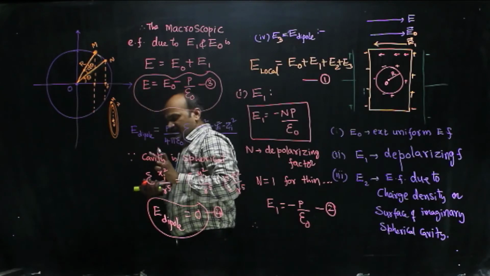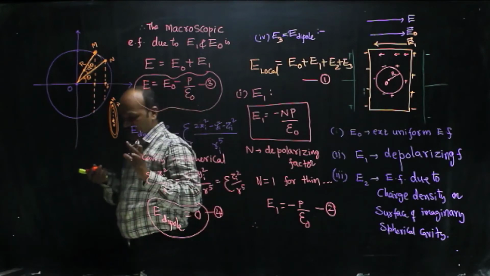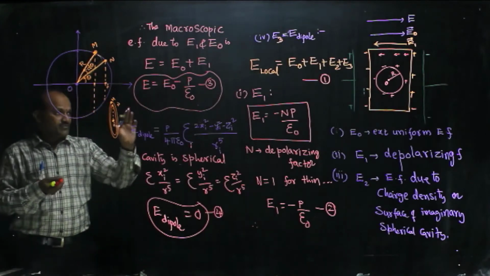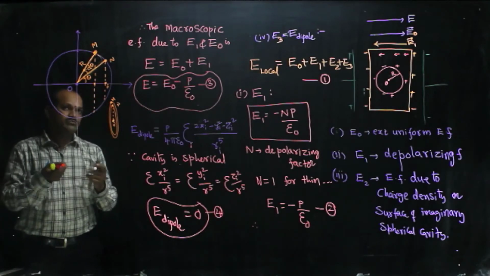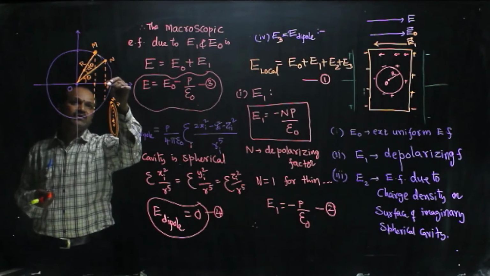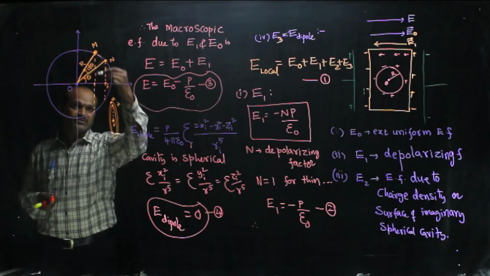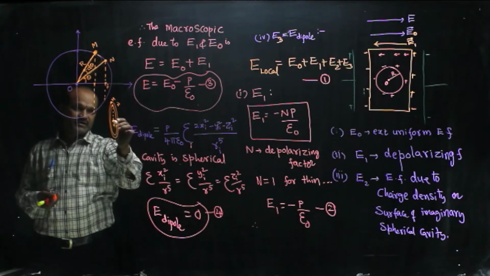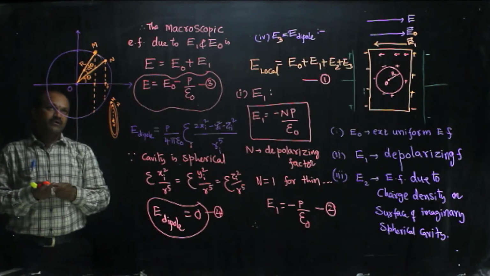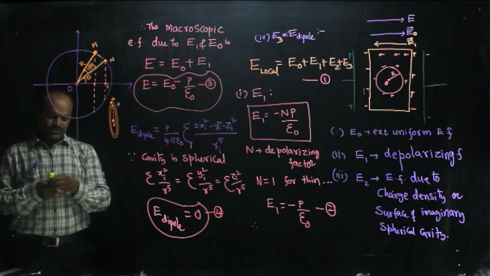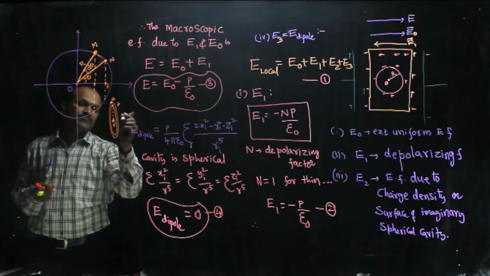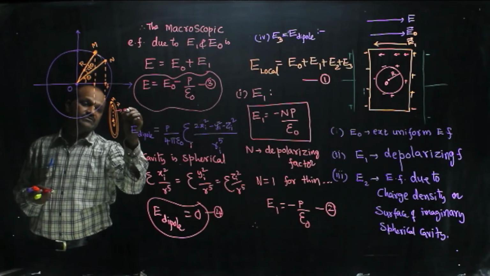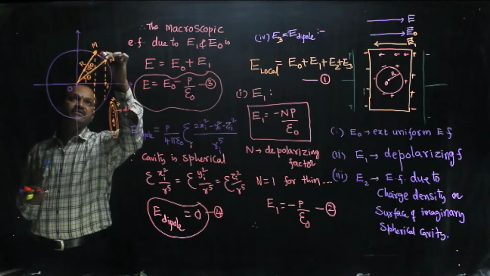Since the cavity is very small, much difference will not be there. So this is taken as the center of that spherical shell. Here dA is the surface area of the strip we take.